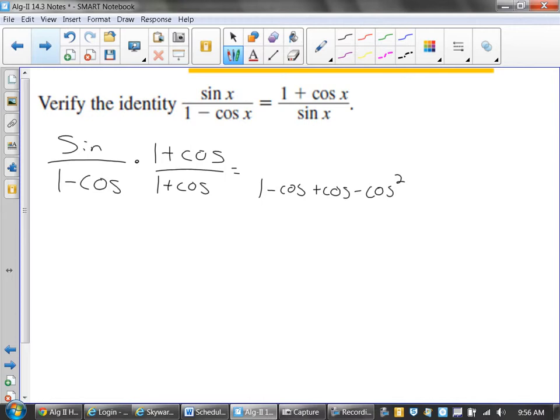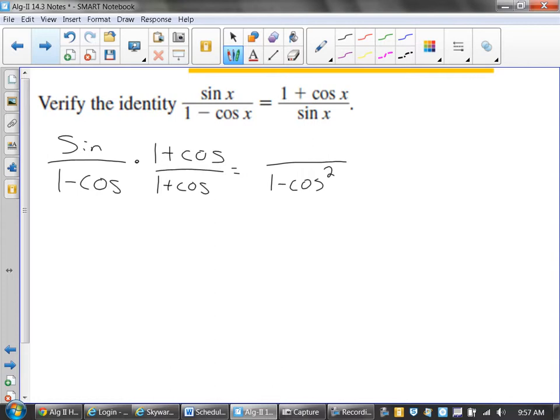Does everybody agree with that? 1 times 1, 1 times cosine, minus 1 times cosine, minus cosine squared. What happens to that middle term? It drops, and you wind up with 1 minus cosine squared, which is what? Sine squared.